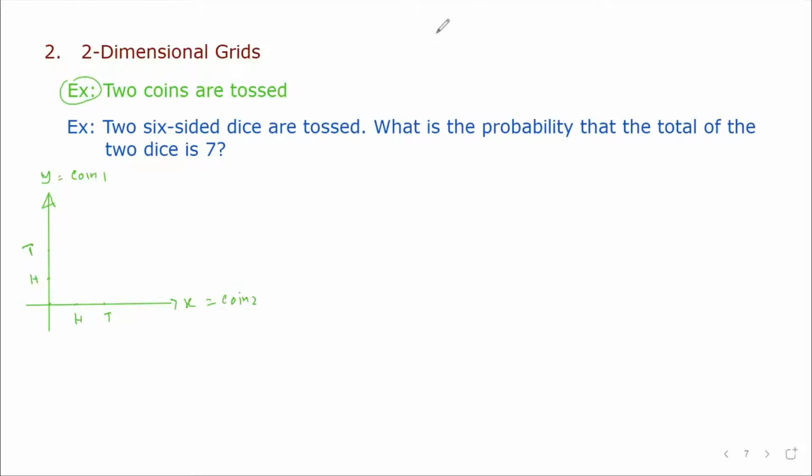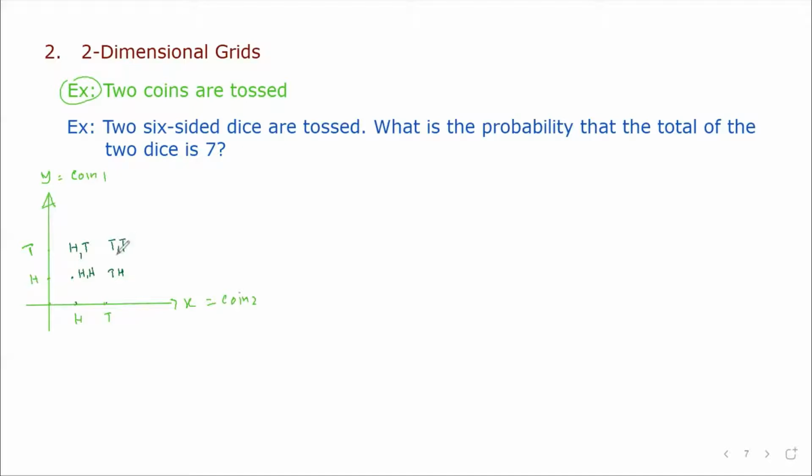Now from this one, you put X first, right? The first coin, second coin here, is going to be this point. So this one represents head, head. And this one is going to be tail, head. Lead with X first, correct? And then this one is head, and Y is tail, and then this one is tail, tail.